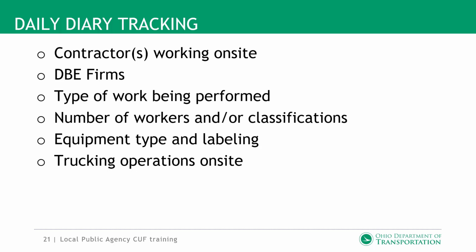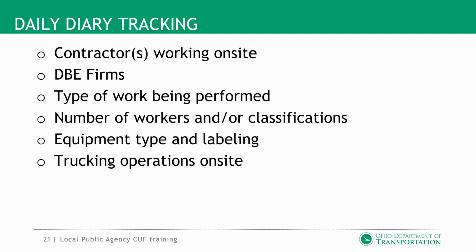The type of work being performed for each contractor working on site daily, and the number of workers and their classifications. And some of you may be saying, well, I don't know the classifications for all of these folks. Well, you know construction. So if you see people building forms for a bridge deck or doing labor activities, then you know that it's a carpenter or a laborer.